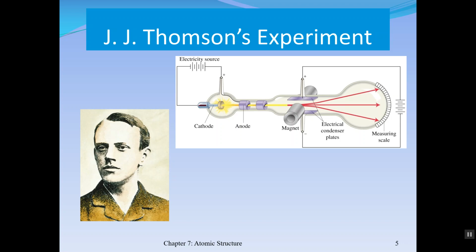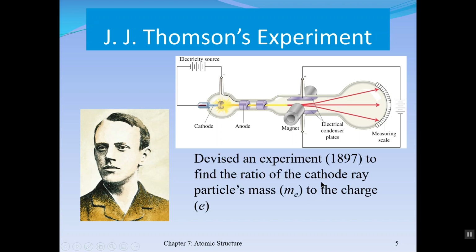And J.J. Thomson, an English physicist, did some work because he wanted to find out the exact nature of these particles. So he made some modifications to the original experiment, and what you see here is the result of that. Let me just describe what is happening here. So basically, we have our evacuated tube, but you have several compartments to it.